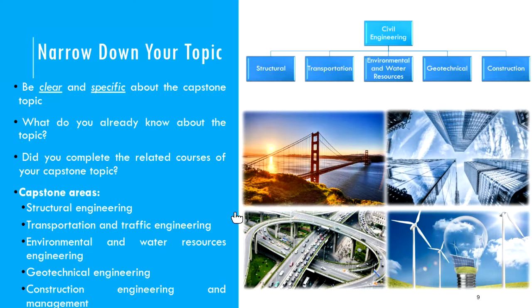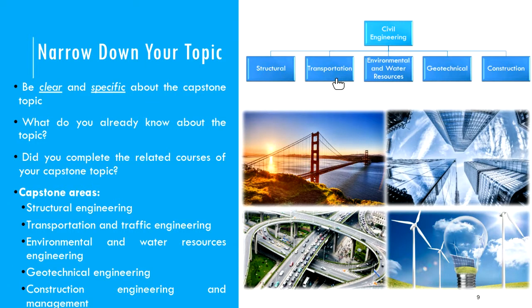As I mentioned, civil engineering has 5 major branches: structural, transportation, environmental and water resource, geotechnical, and construction. So as students, you would pick one of the areas and decide on a topic based on this area.